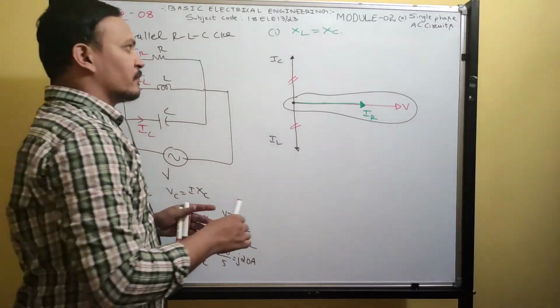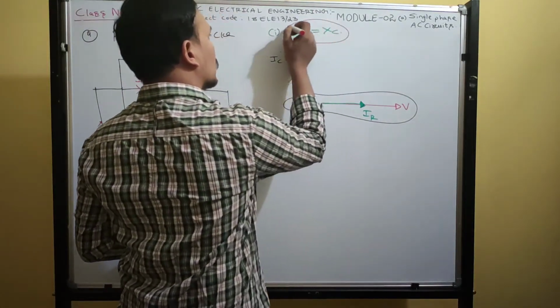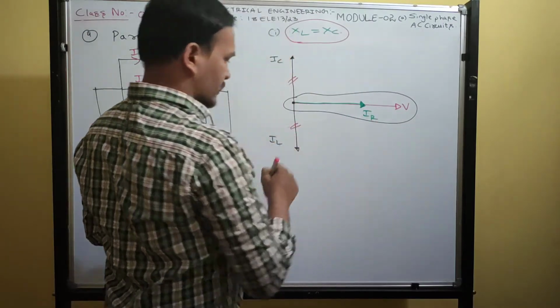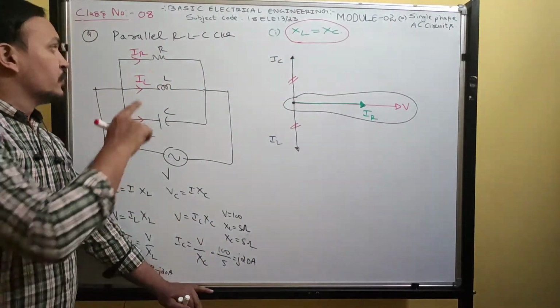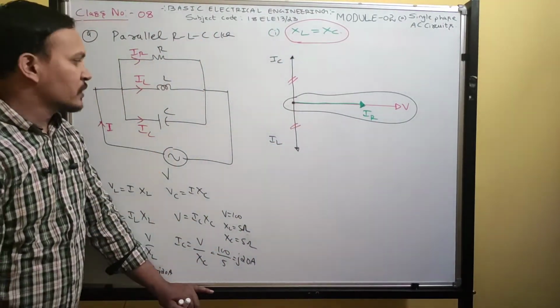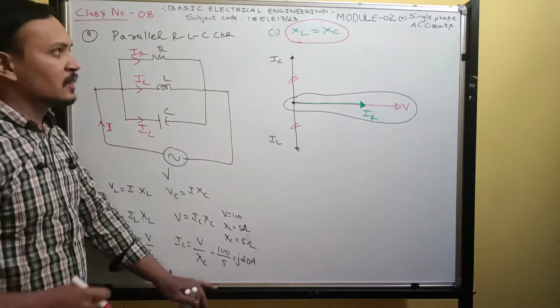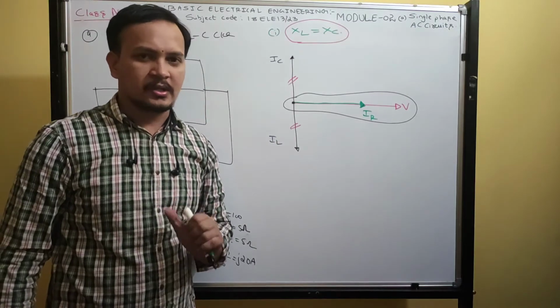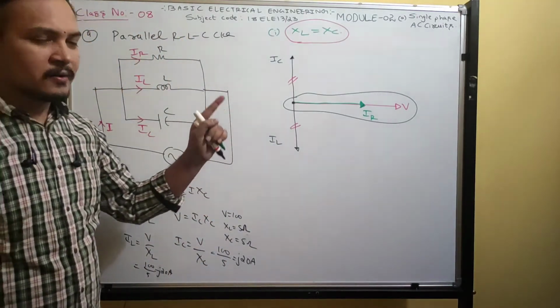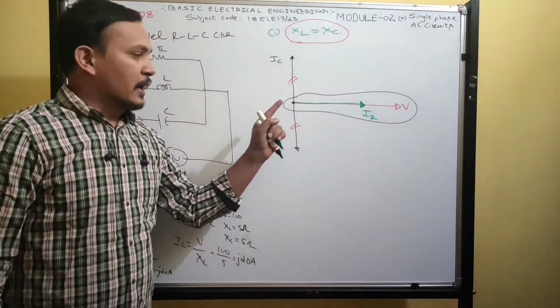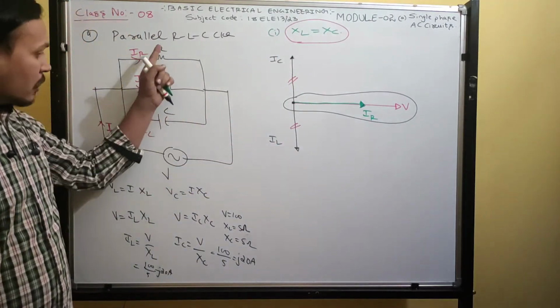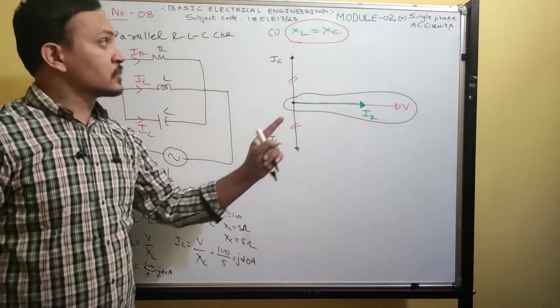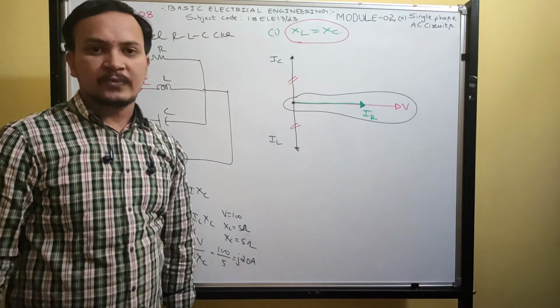Therefore, at XL equal to XC, the phasor diagram represents a pure resistive circuit. The parallel RLC circuit at XL equal to XC becomes a pure resistive circuit. It is also called an in-phase circuit, and the parallel RLC circuit is at resonance condition at XL equal to XC.